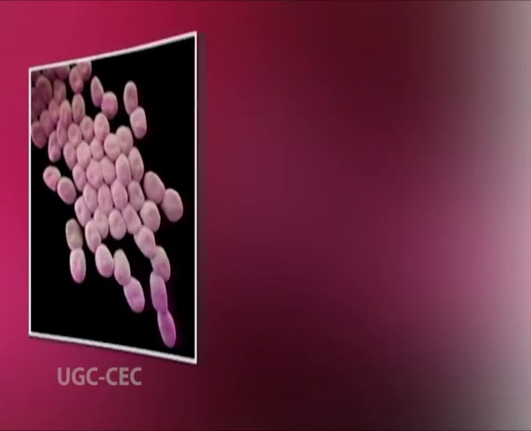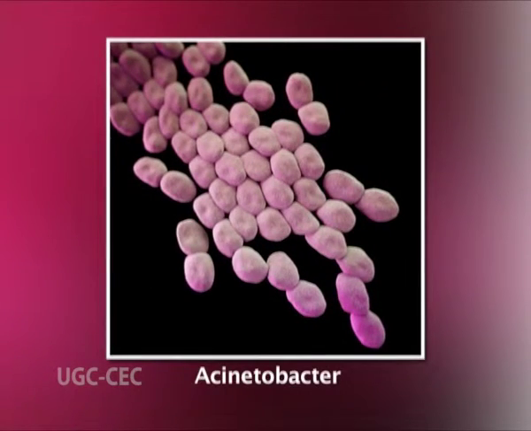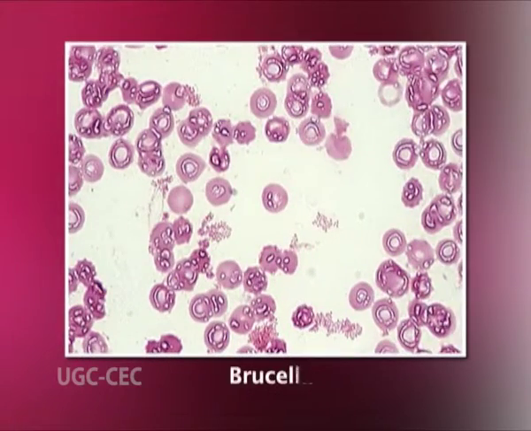Bacteria sometimes show characteristic cellular arrangement or grouping, according to the plane of cellular division. Diplococcus occurs when a coccus divides along one plane and arranges in pairs, as found in Acinetobacter, Brucella.